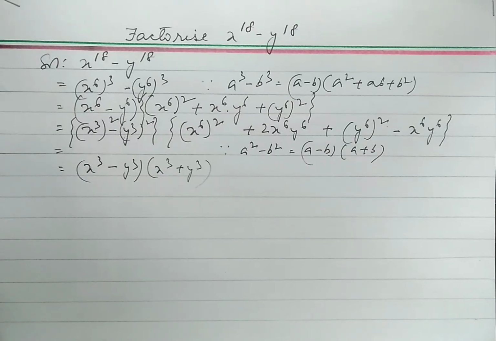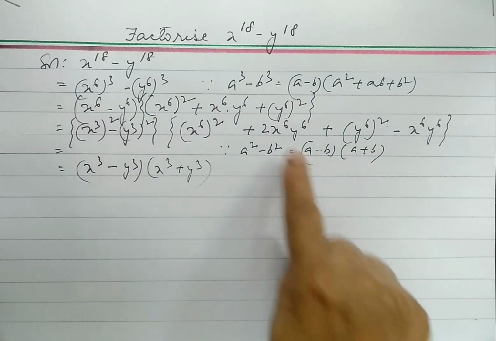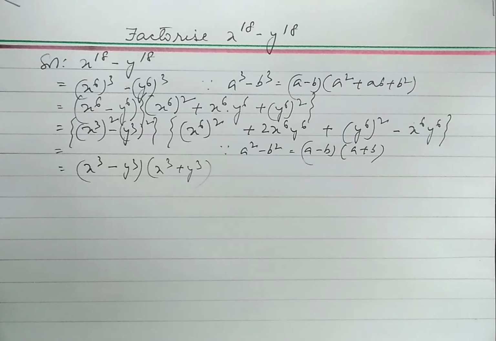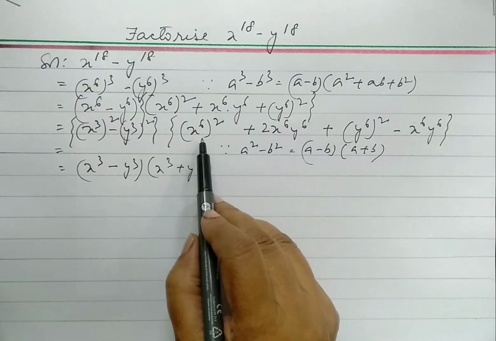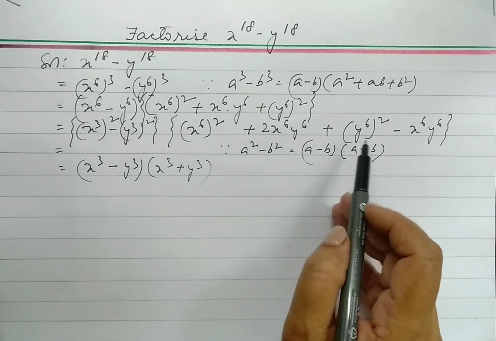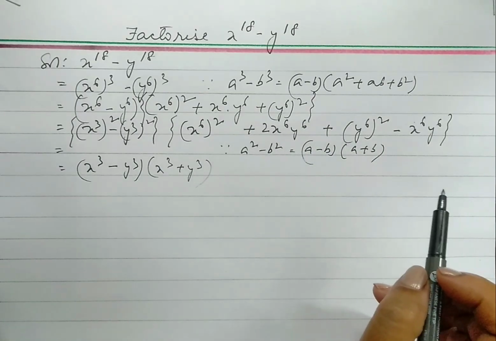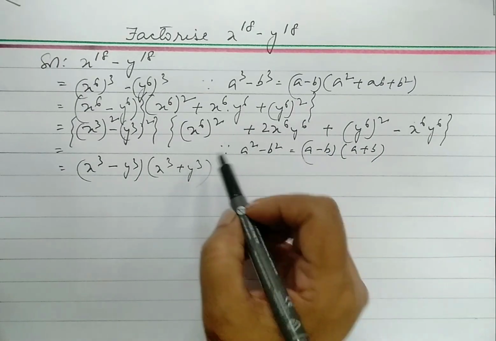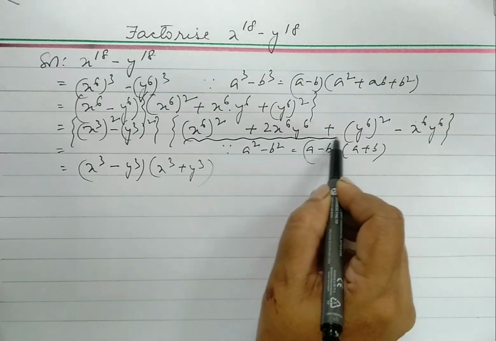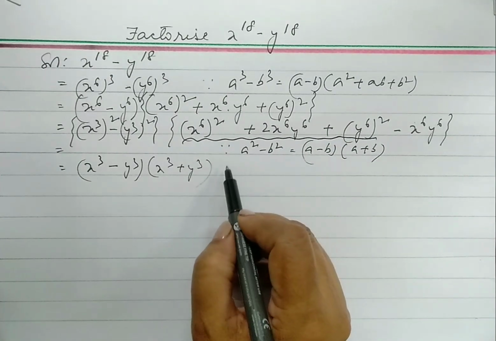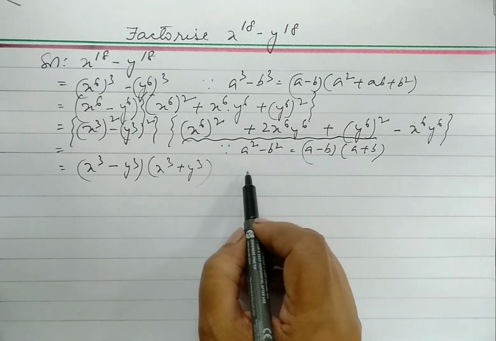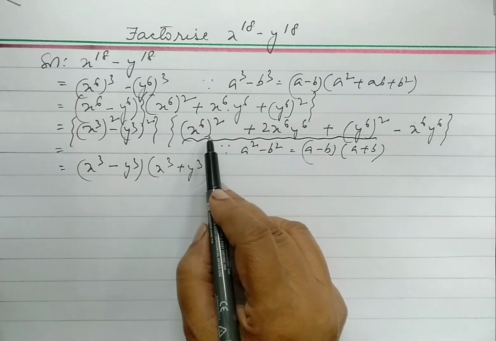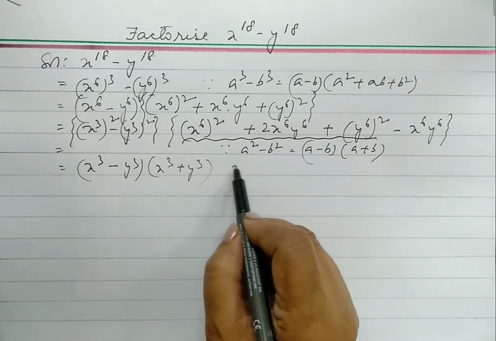Now what do we do to this? Since we have A square, B square and 2AB, this thing can be written as A plus B whole square.